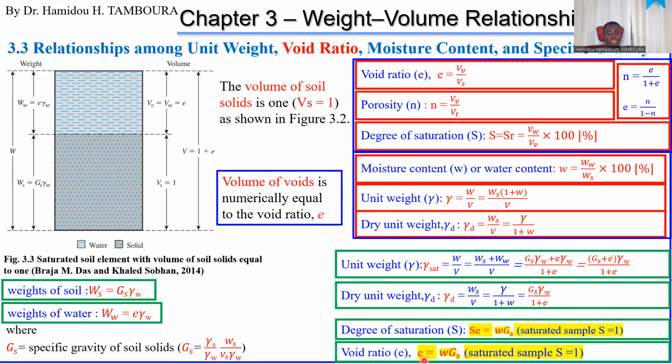So if your soil is 100% saturated, you can easily get e by using this formula. e is w, the water content, multiplied by the specific gravity, like this, because S is 1, the soil is saturated 100%.